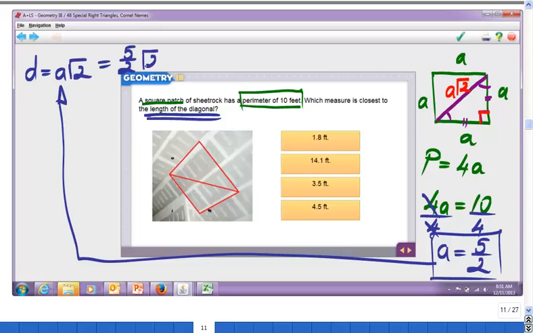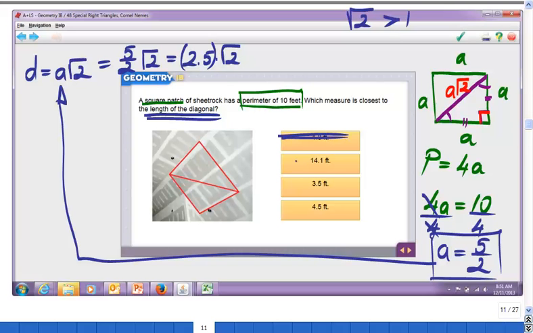Okay? Well, 5/2 square root 2, 5/2 is what? 2.5 multiplied by square root 2. Is this going to be 1.8? Well, first of all, let's say square root 2 is greater than 1, right? No, it cannot be 1.8. It has to be greater than that. Can it be 14.1? I don't think so.